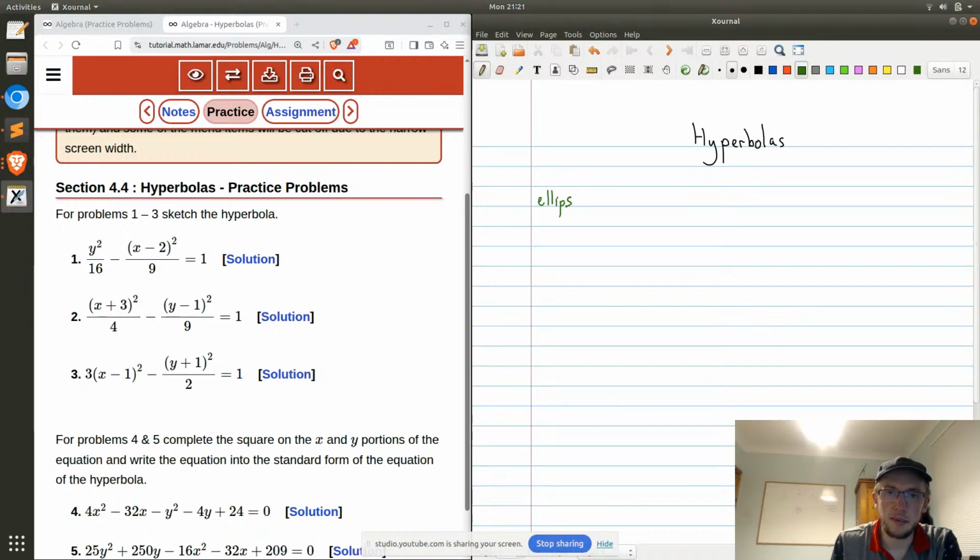So an ellipse looks like this, in standard form. And a hyperbola looks like this.